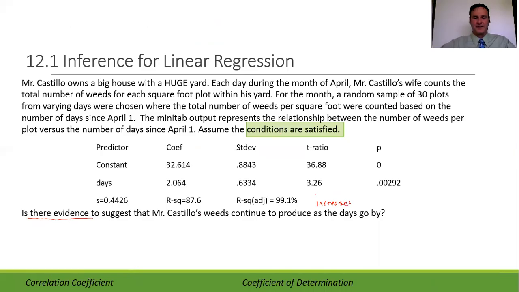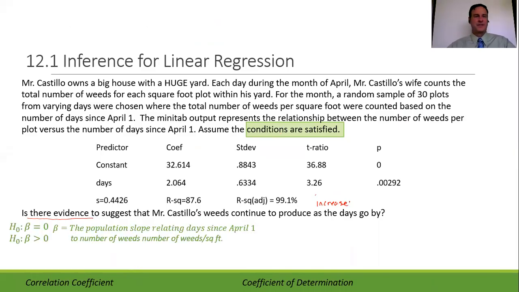And if we're increasing, what does that mean? Well, it means that our beta must be bigger than 0. Where, just like the previous slide, beta is the population slope relating days since April 1st to the number of weeds per square foot.